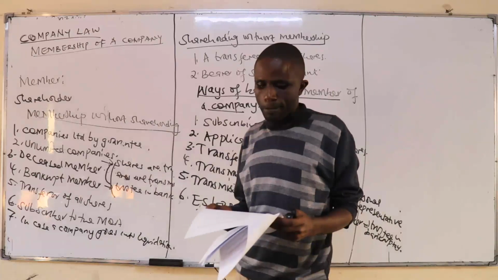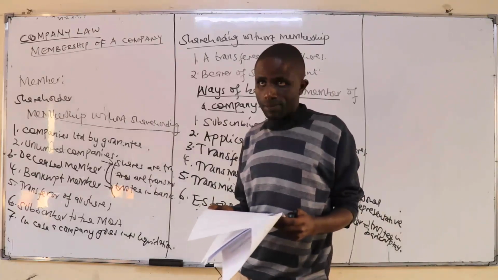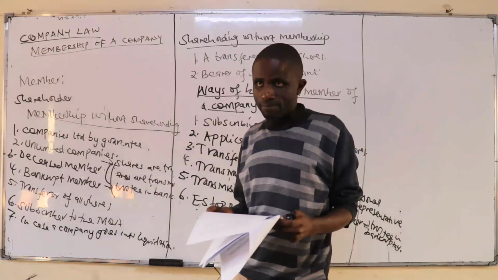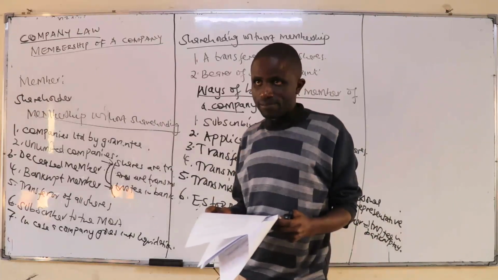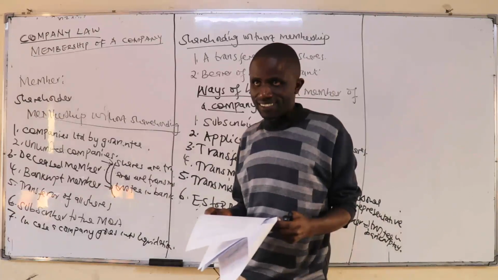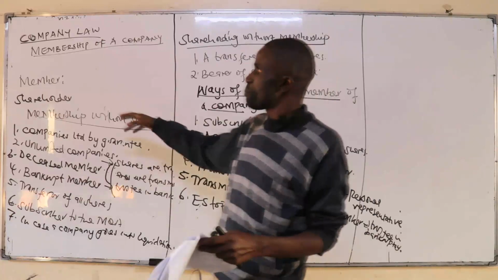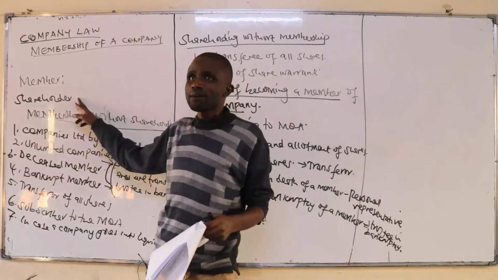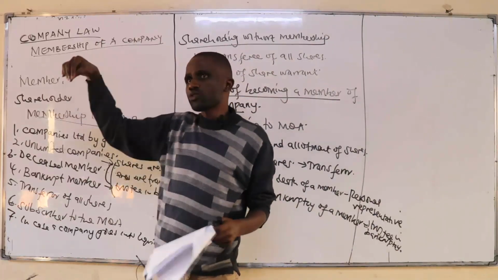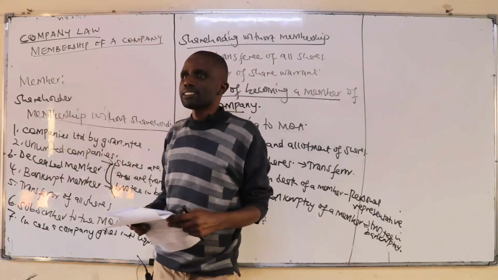So are we looking at how we can increase the membership? Because I don't think there was a difference between the members and now the shareholders. A shareholder is any person who holds shares in a company. A member is any person whose name is in the register of members.